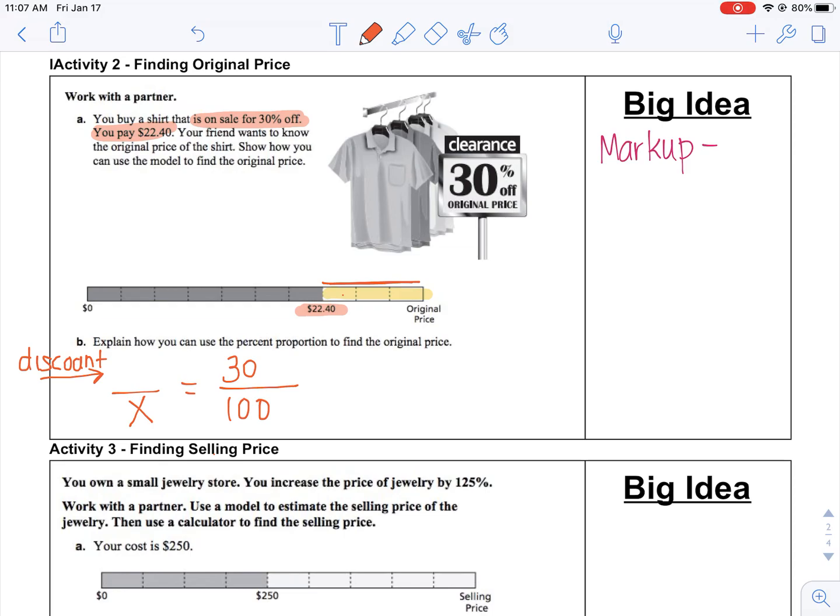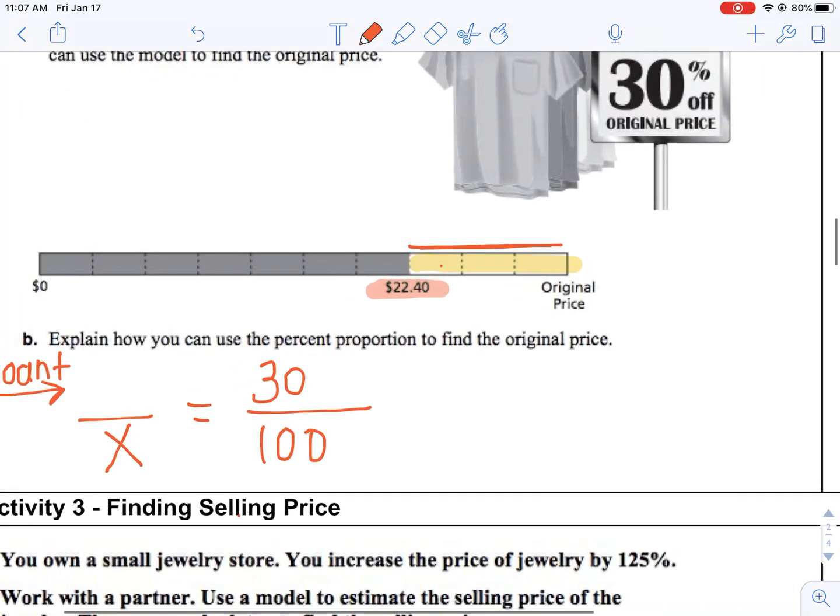Okay, so we know that in this model, there are 1, 2, 3, 4, 5, 6, 7 bars. And we know that that end piece is 22.40. So if I take 22.40 and divide it by the 7 spaces, that means that each of these spaces are $3.20.